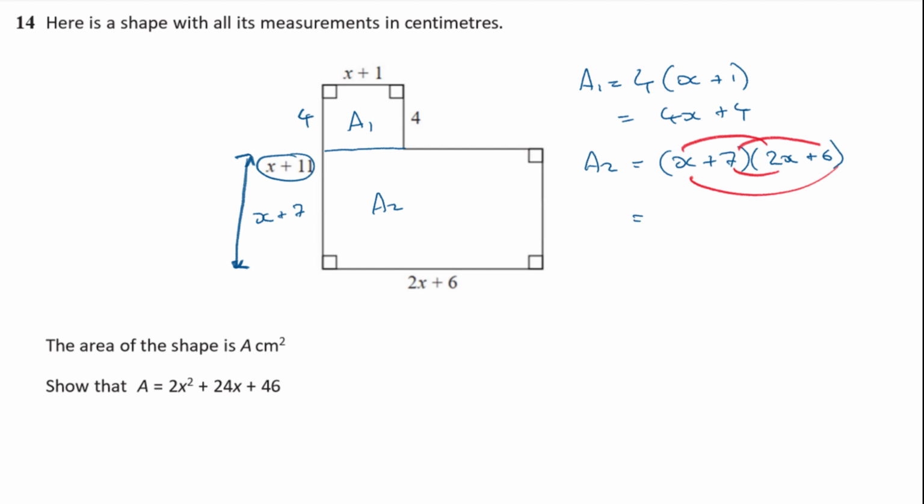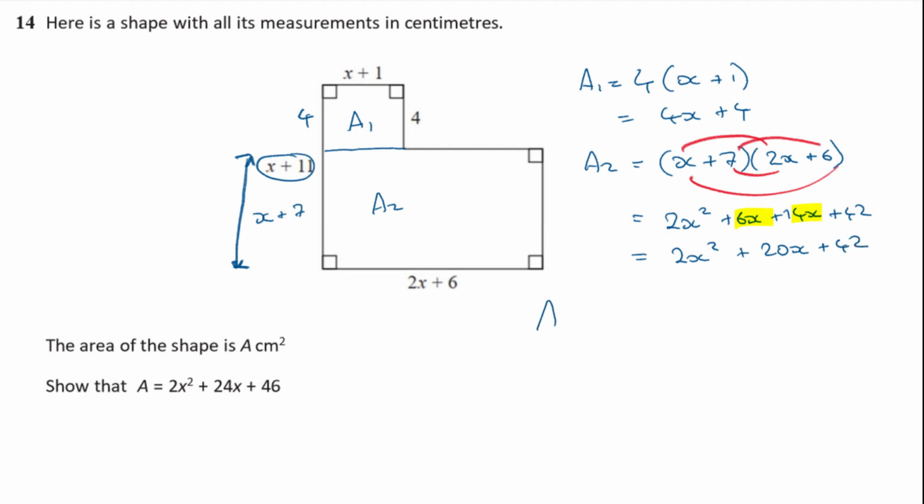We're going to get x times 2x, that's 2x squared, x times 6, that's 6x, 7 times 2x, that's 14x, and 7 times 6 is 42. Okay, so notice I've got two terms in x here, so let's collect those together. So I've got 2x squared plus 20x plus 42.